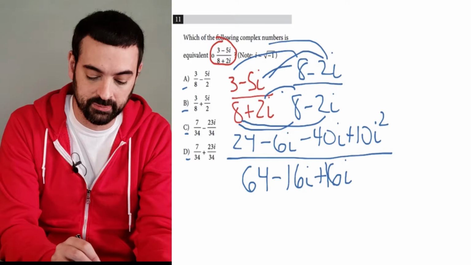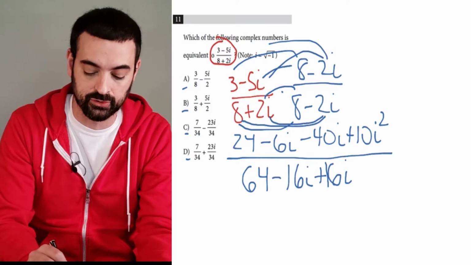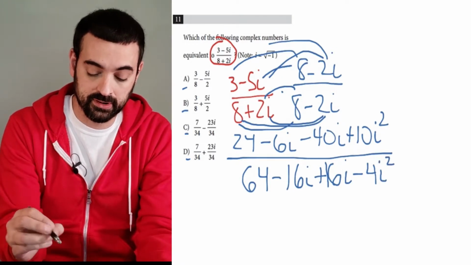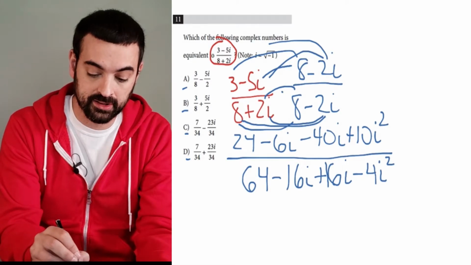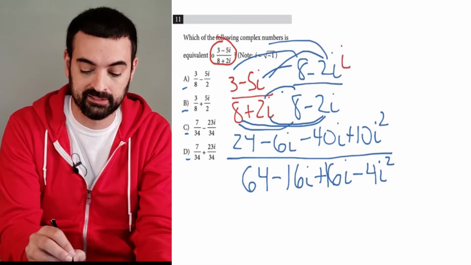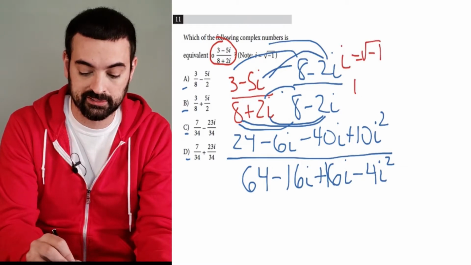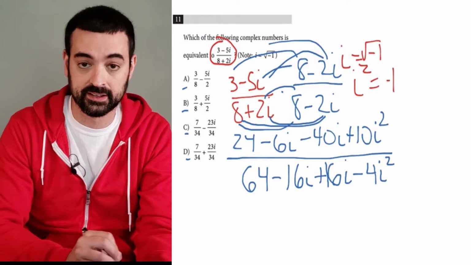And lastly, +2i and -2i is -4i squared. Let's remember that i is the square root of negative 1. So i squared is negative 1.